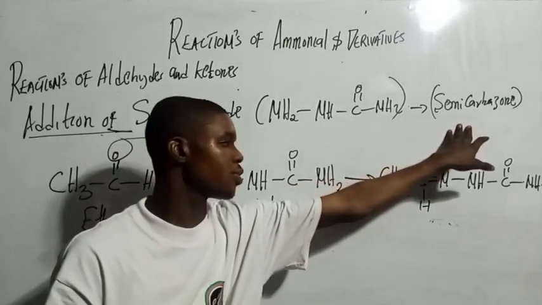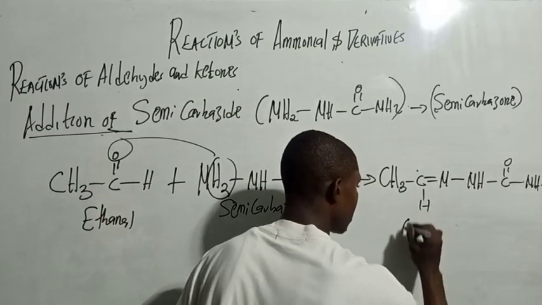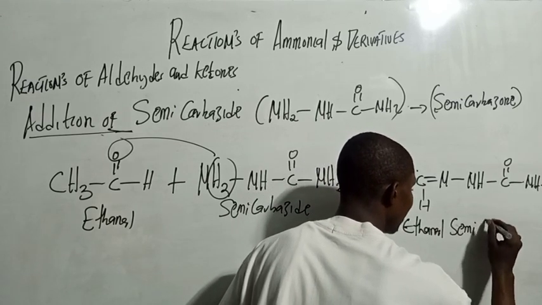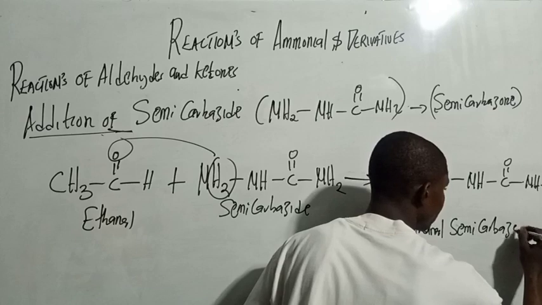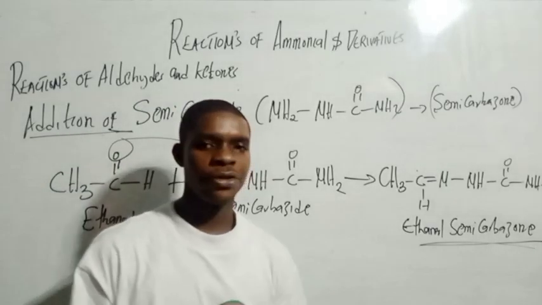Remember, you form semicarbazone. So what is the name of this product? It's going to be ethanal semicarbazone. That is the product of the reaction.